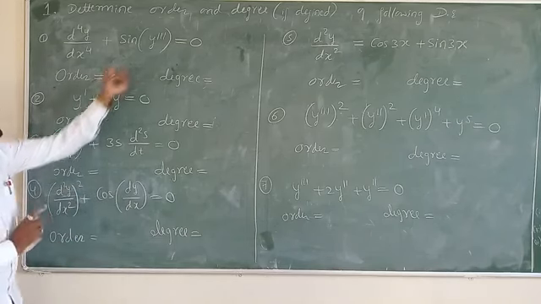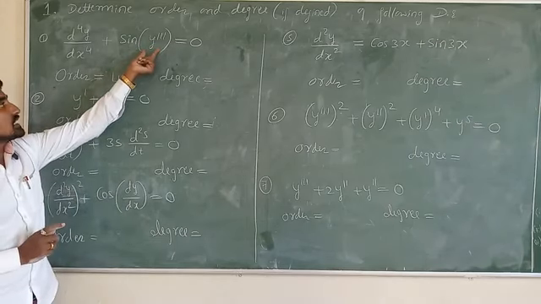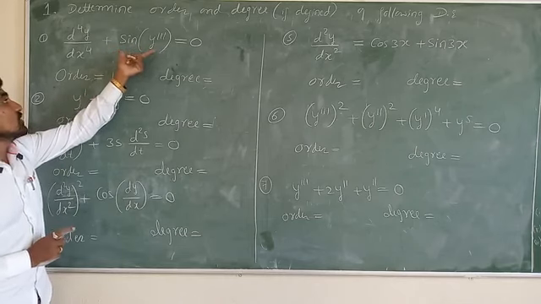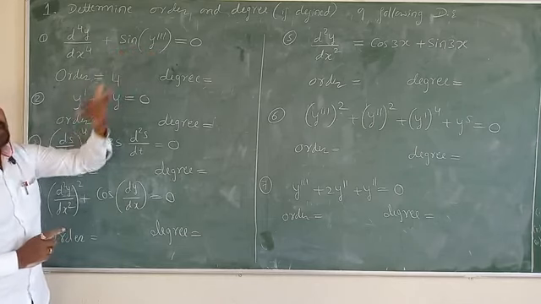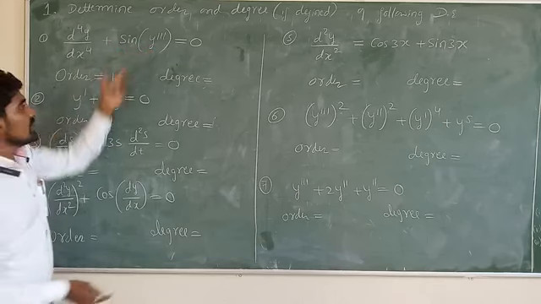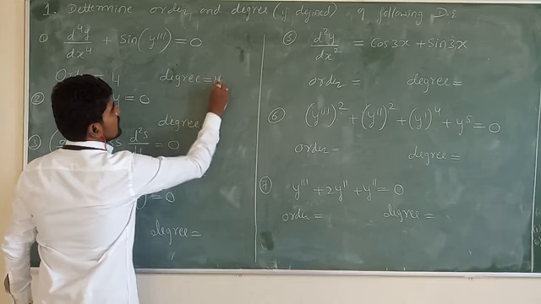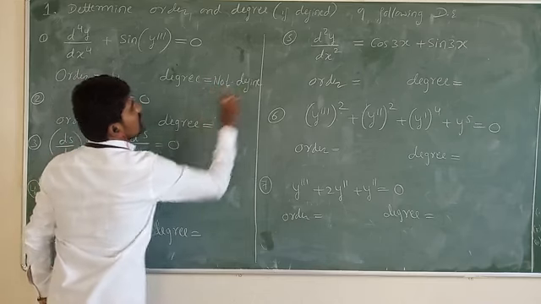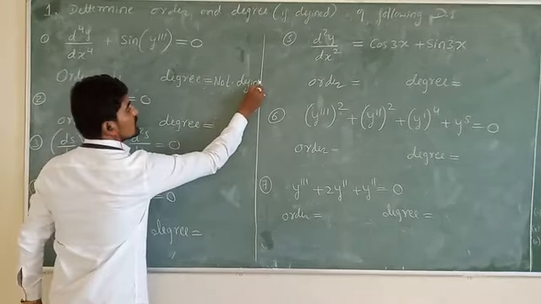But here the third order derivative is involved with the trigonometric function sin. Therefore, this first differential equation is not polynomial in derivative, so the degree of the first differential equation is not defined. I hope all of you understand.